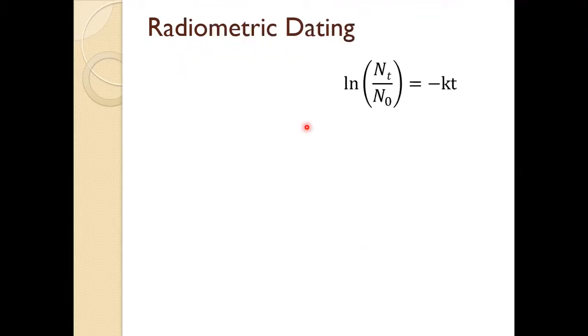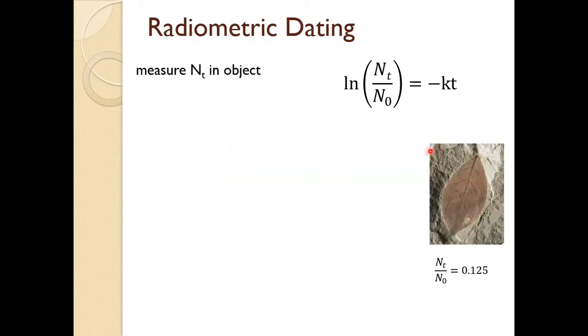Because nuclear decay processes follow first order kinetics and therefore have a constant half-life, one application of that is what's called radiometric dating. This is a process in which we're able to estimate the age of once living objects, whether they be plant or animal in origin. The idea is if we have an object whose age we're interested in, we're able to measure the current number of radioactive nuclei in that object today.